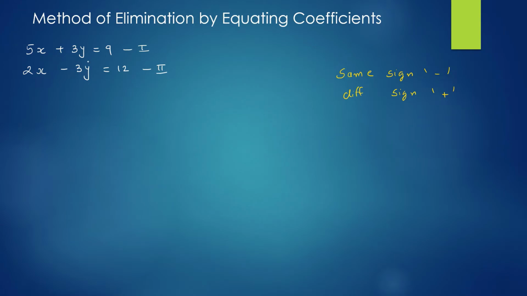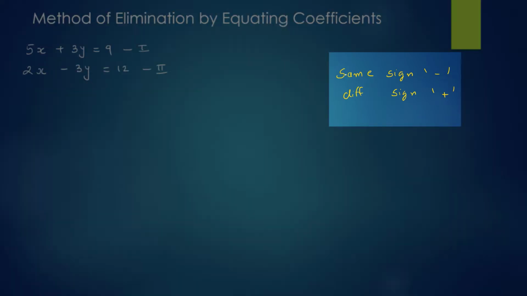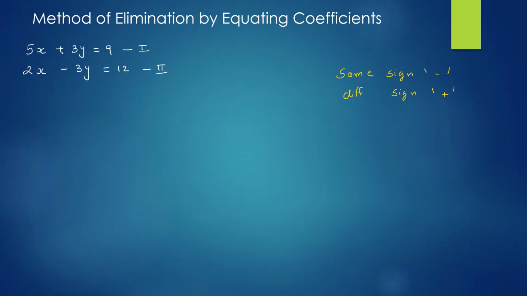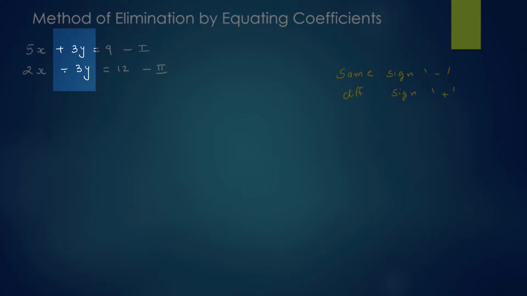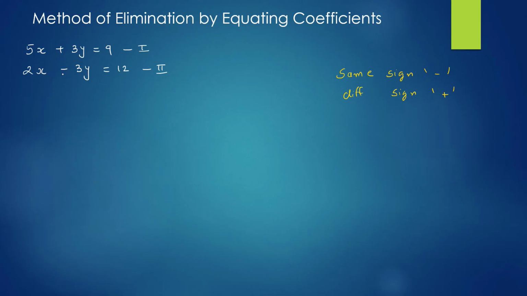So now we will apply the rule. What does the rule say? Same sign we have to subtract and different sign we have to add. Now if you see the sign of variable y, it's positive and negative. The signs are different, so we have to add.